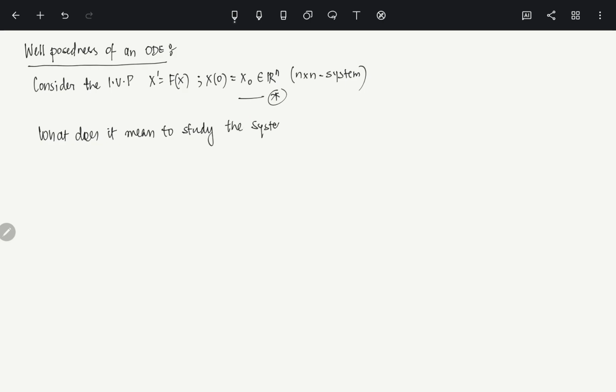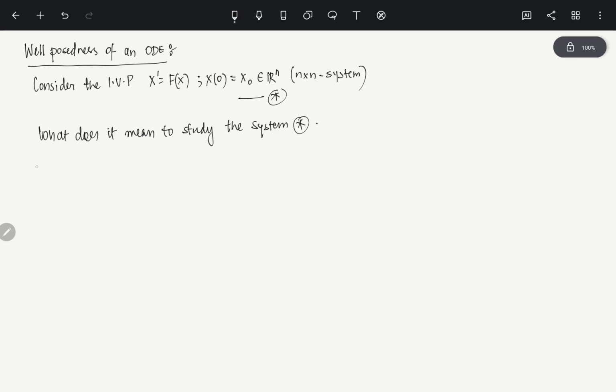Essentially, we are looking for three main questions. The first question is called well-posedness. You want to know whether the system is well-posed or not. What are the properties which the system should satisfy for it to be well-posed?